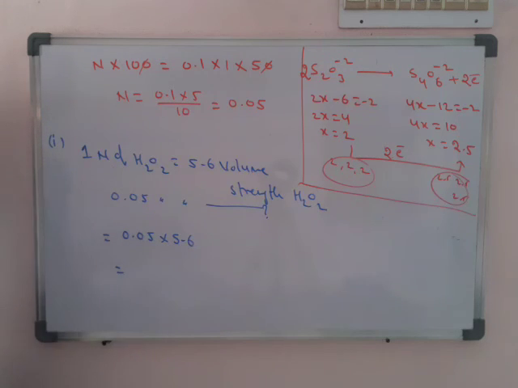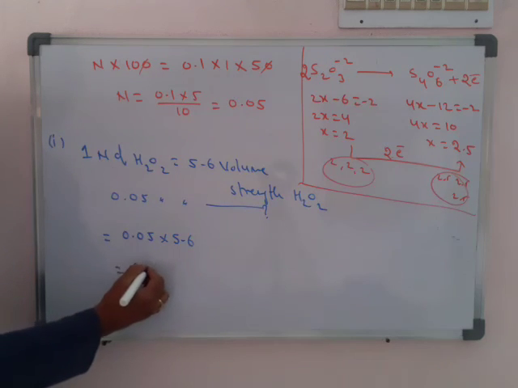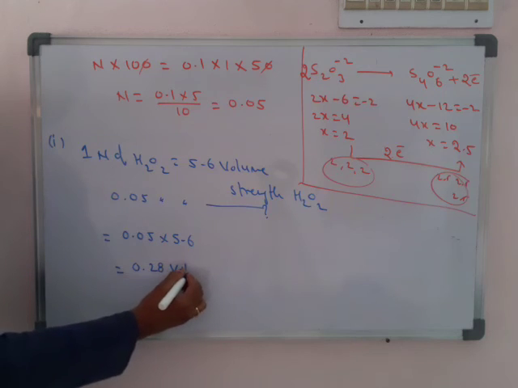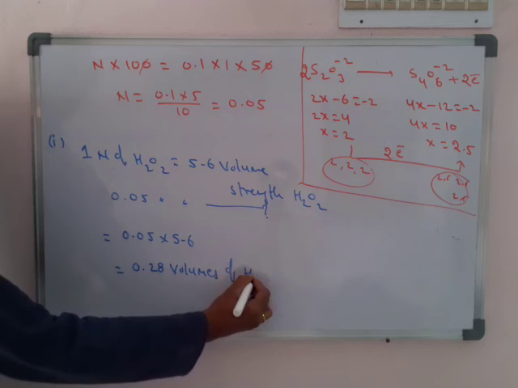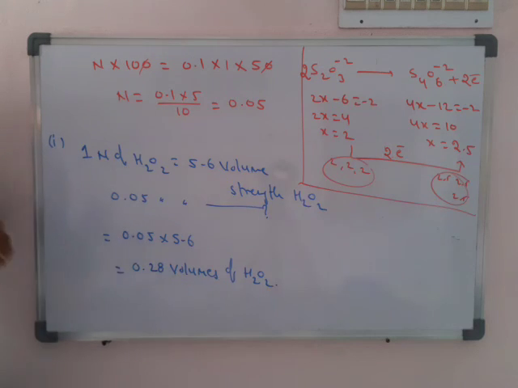Yesterday we determined that. On calculation we will get 0.28. Volume strength we write as volumes, so 0.28 volumes of hydrogen peroxide.